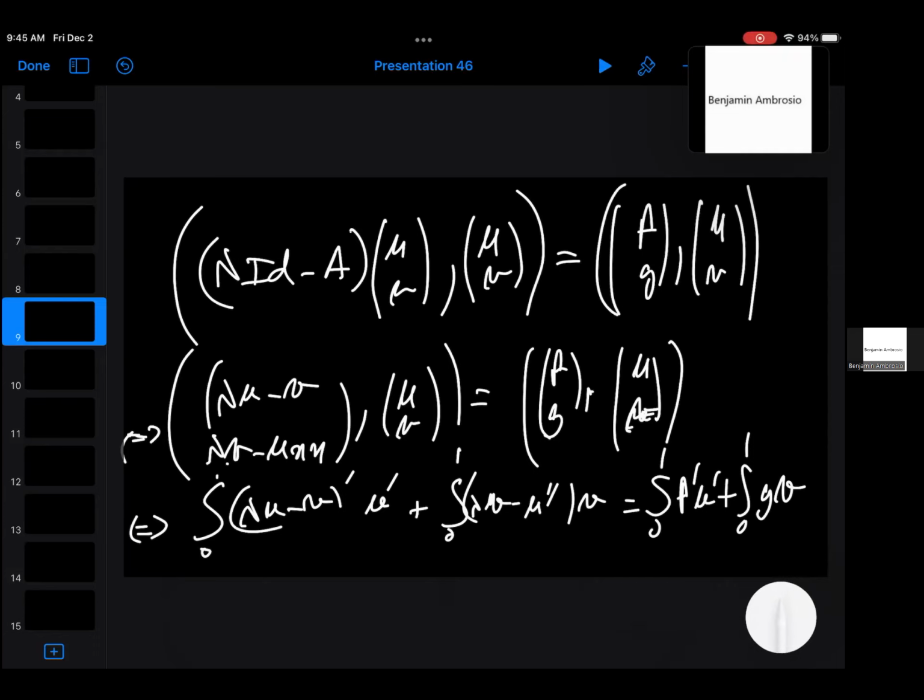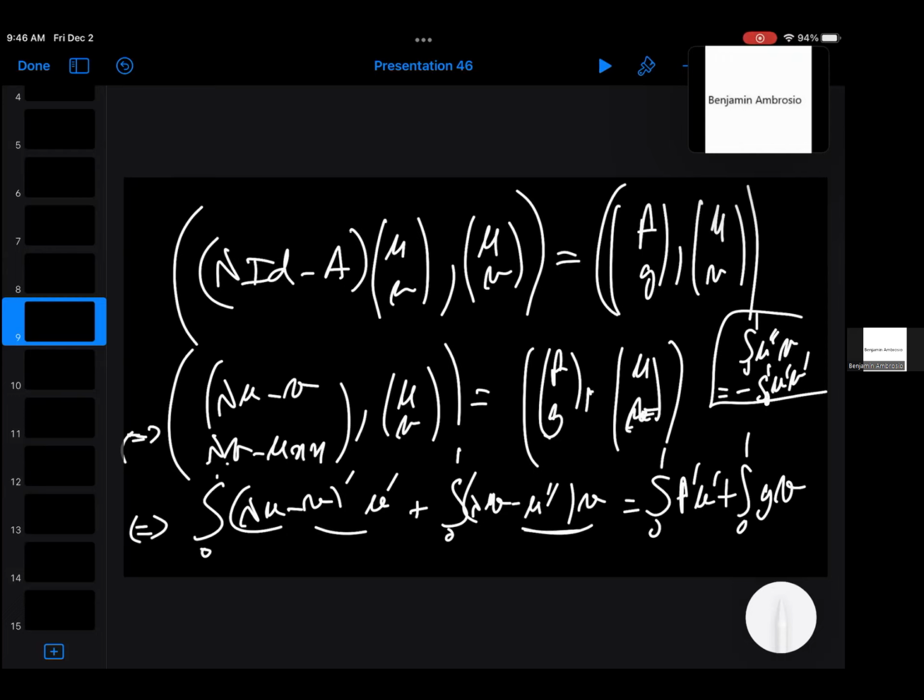All right, so now, with this term, I will use an integration by parts. Thanks to the Dirichlet boundary condition, I have that the integral from 0 to 1 of u second v equals minus the integral of u prime v prime. So those terms will cancel.